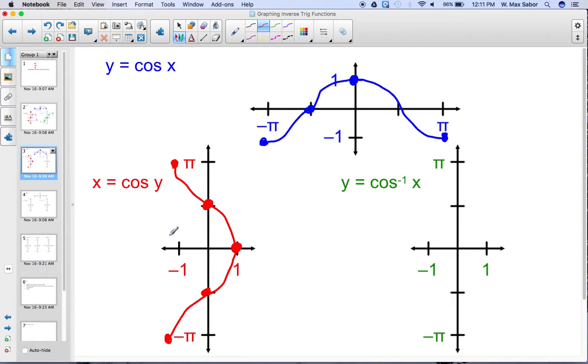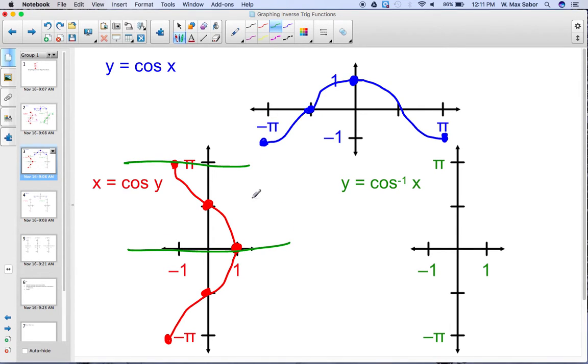But this is still not a function because it doesn't pass the vertical line test. If we did the same restriction between negative pi over 2 and pi over 2, we still would fail the vertical line test, so we need to go from 0 to pi here. So we'll go from pi down to 0.